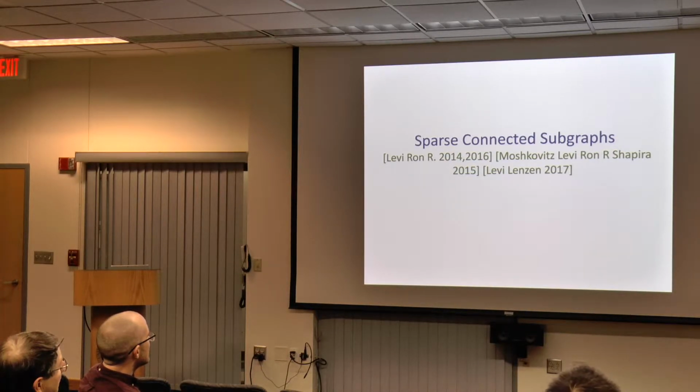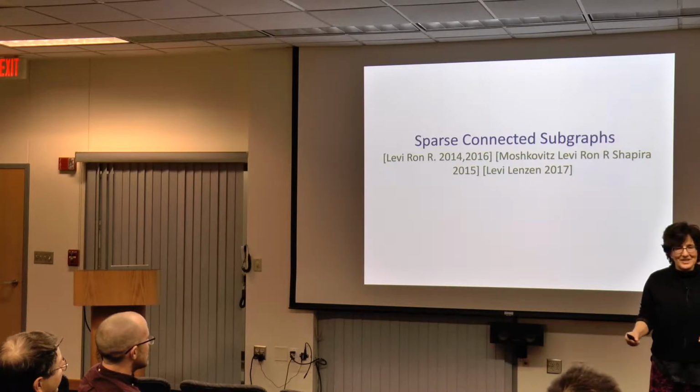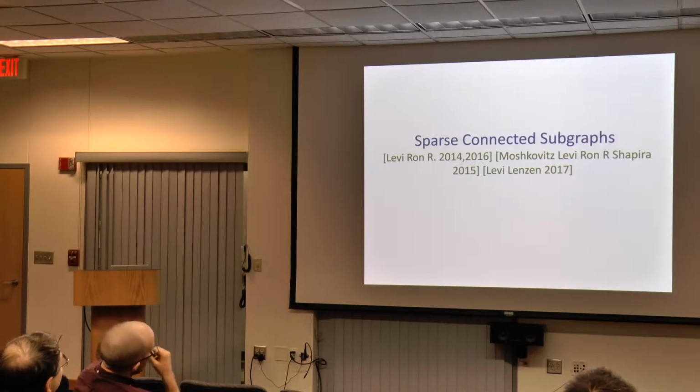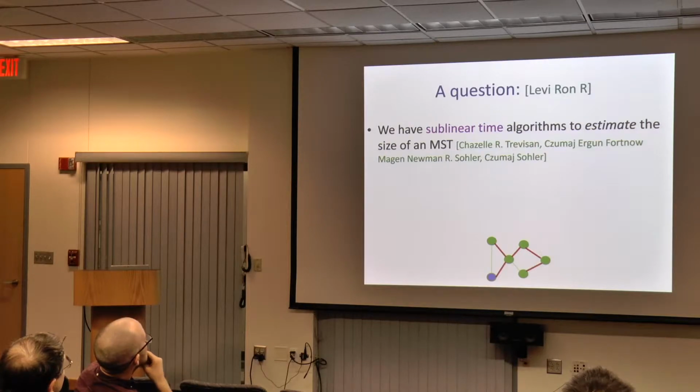I've now finished the polylog part of the talk, and we're moving into sublinear. So here's a problem I want to talk about on sparse connected subgraphs. We know we have sublinear time algorithms to estimate the size of the MST.